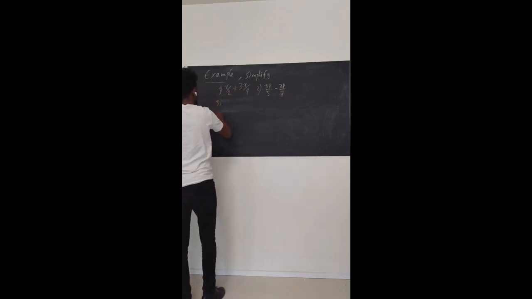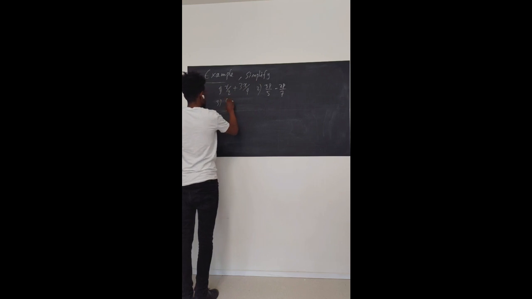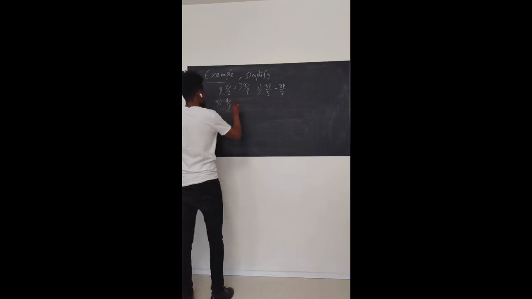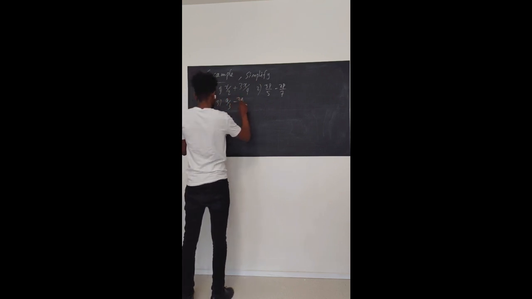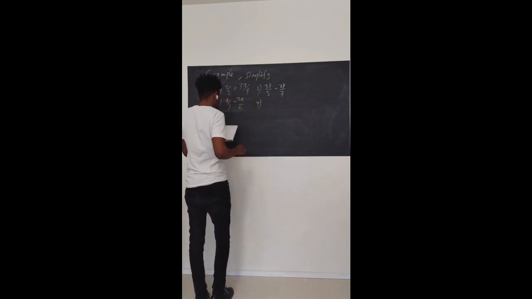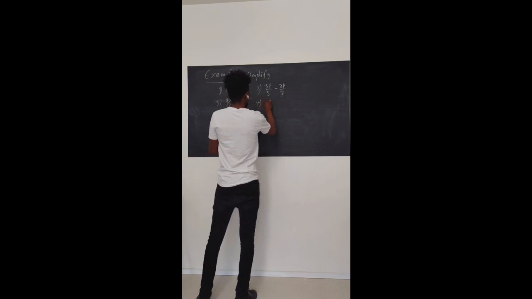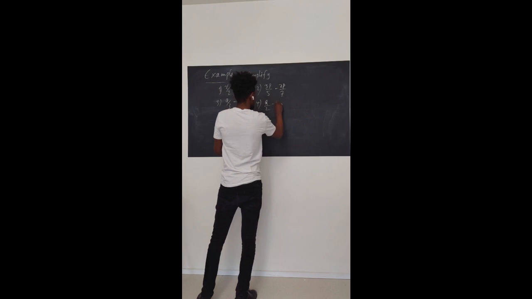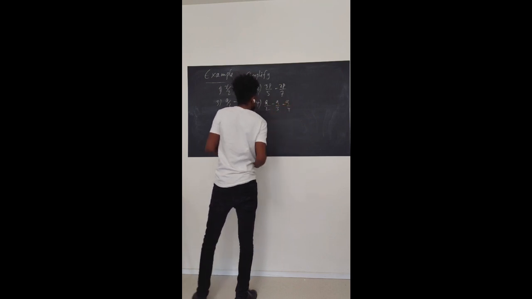Number 3, a over 3 minus 2a over 5. Number 4, a over 2 minus a over 3 minus a over 4.